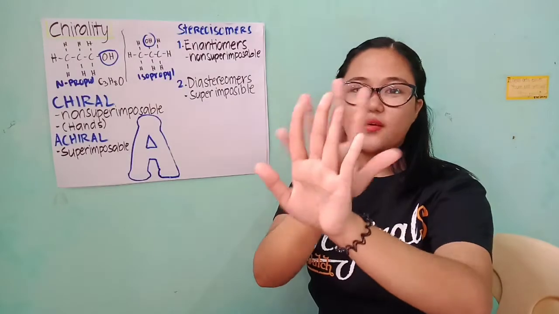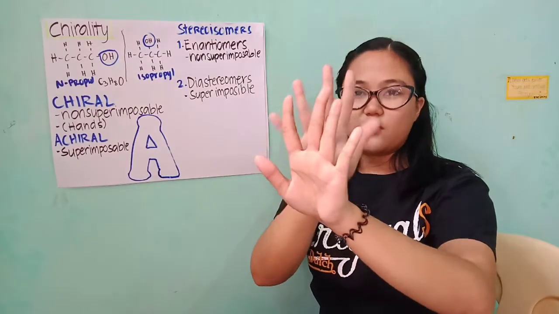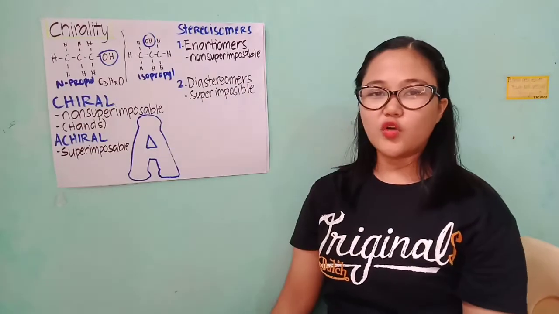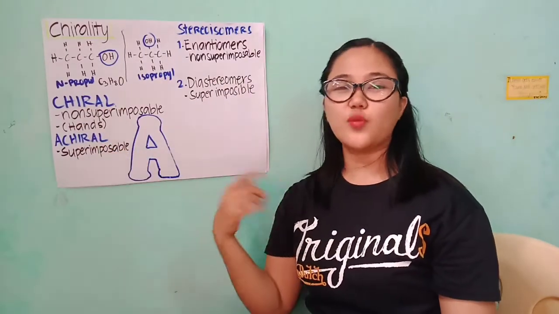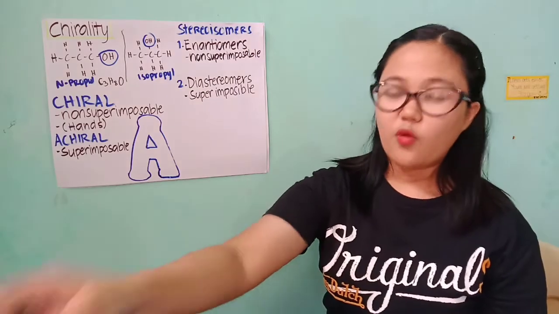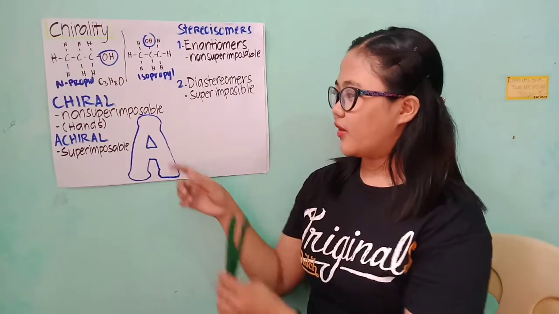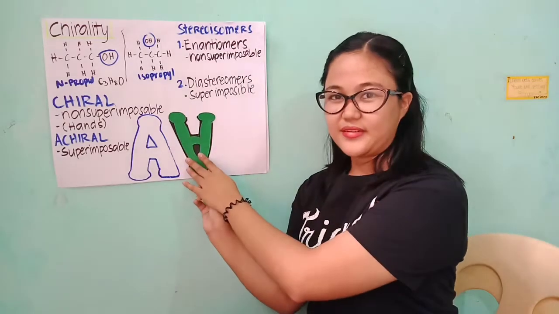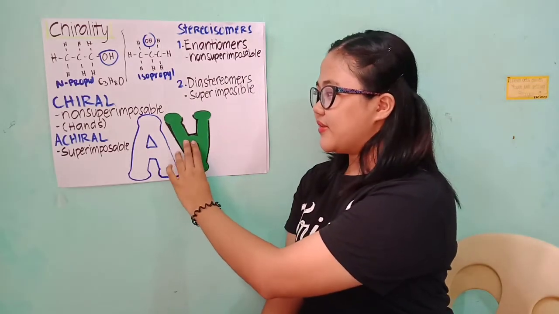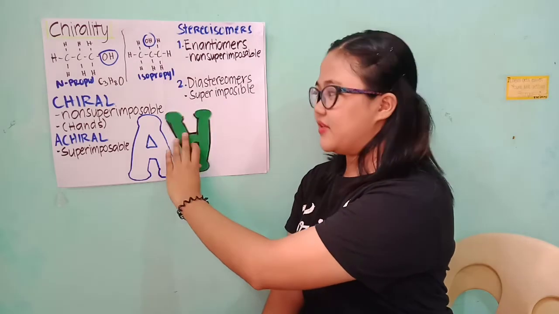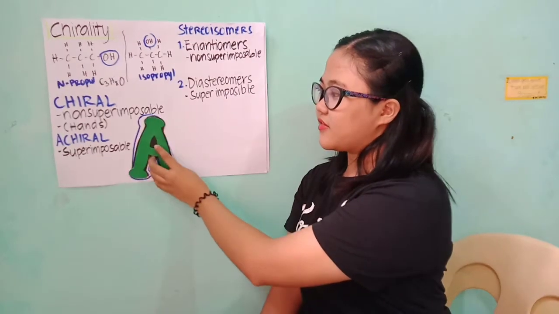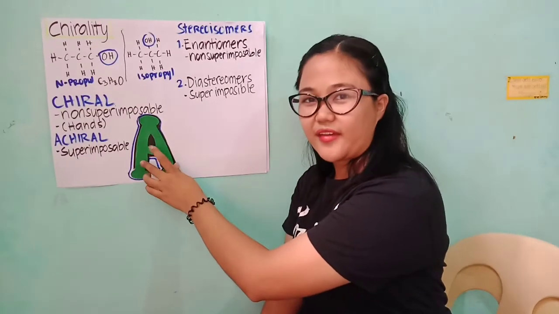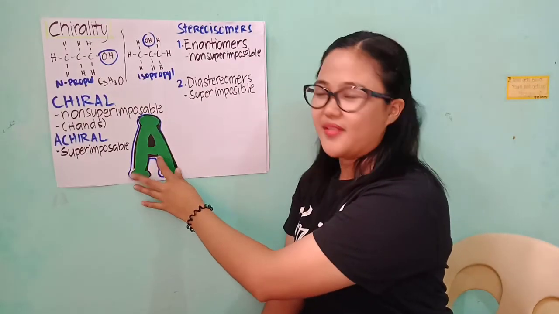It's not superimposable, so it's chiral. An achiral object is superimposable. For example, this letter A and this upside-down letter A. If I turn this upside-down letter A, it's superimposable. So it's achiral, meaning not chiral.